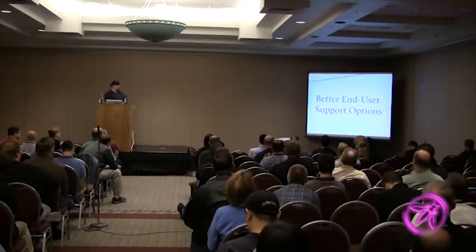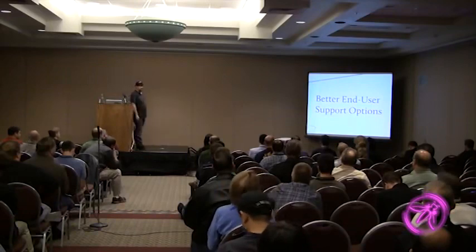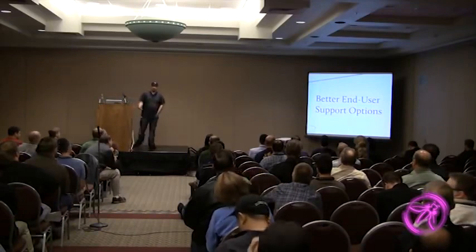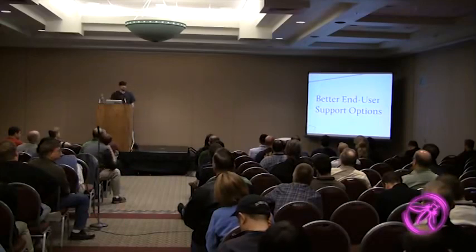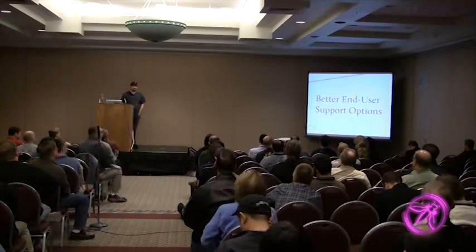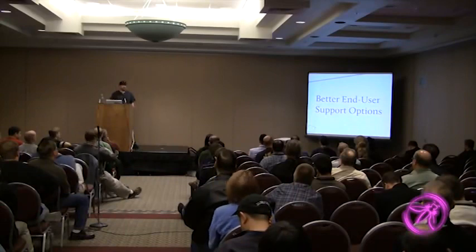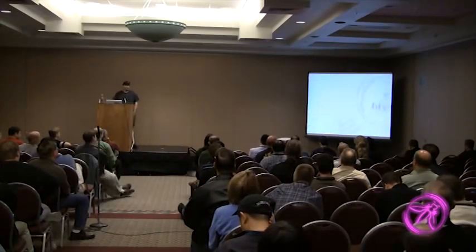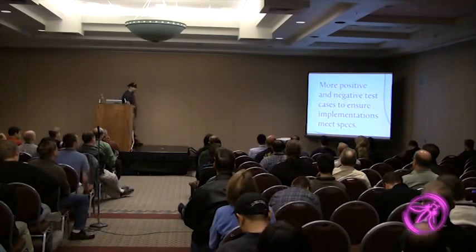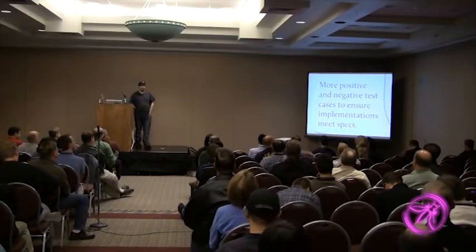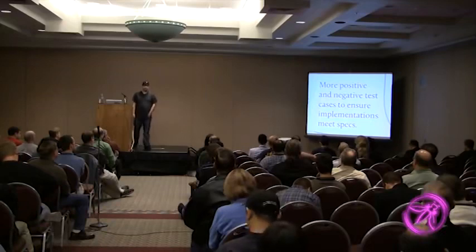We also added better end user support options. We have a chat channel now. We're in the process of bringing up some forums, so it's easier for you to get on there and ask me how the heck to do this thing that you're trying to do. And generally I'll answer you. We also heavily increased our test coverage. This was a big problem in ESAPI 1.4.